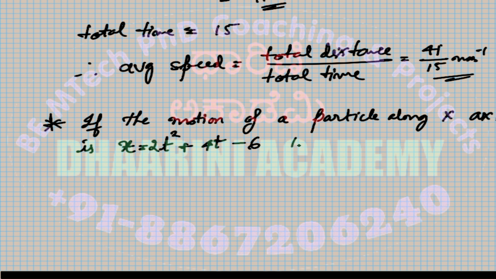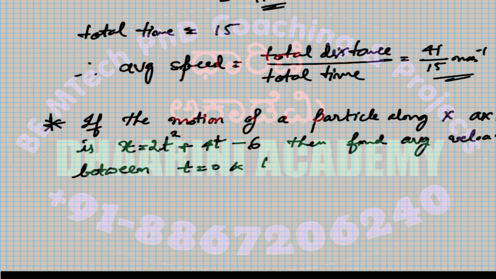Then find the average velocity between t equal to 0 and t equal to 2.